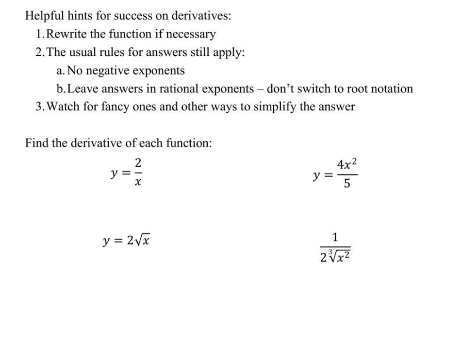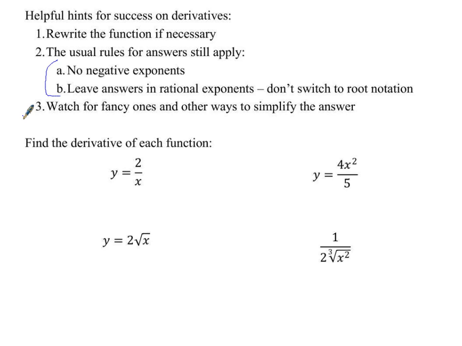All right, here's my helpful hints for success when you're taking derivatives. First of all, rewrite the function if necessary. Second, the usual rules for answers still apply. No negative exponents. Leave your answers in rational exponent form. You don't need to switch to root notation. You don't need to rationalize.